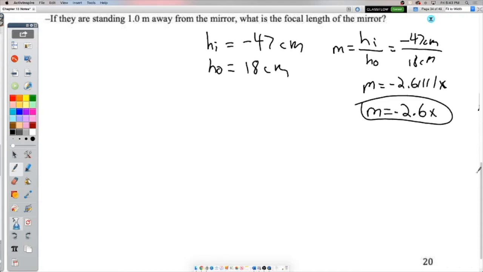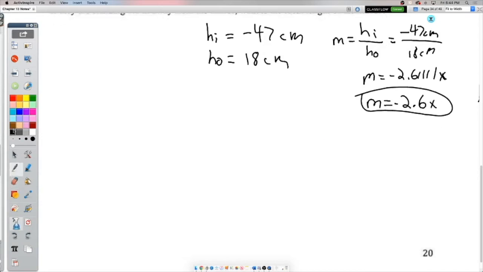Now, we can't use 1 over f equals 1 over do plus 1 over di just yet anyway. However, notice on your formula sheet, if you look at the magnification, the mirror equation, under the waves section, you'll notice that m is equal to hi over ho, but it's also equal to negative di over do, which means that hi over ho is equal to negative di over do.